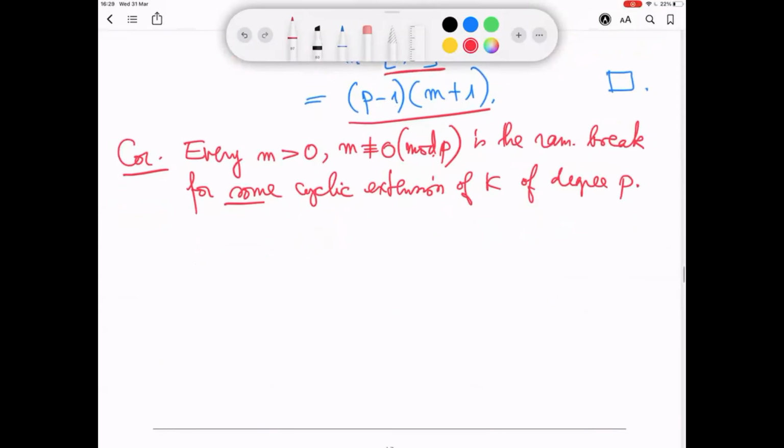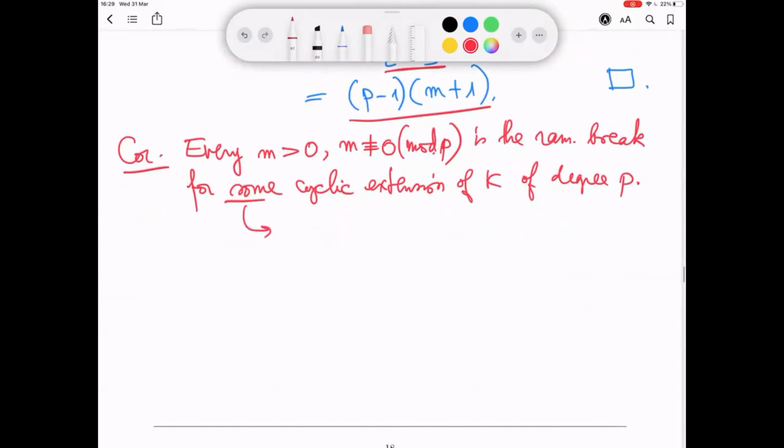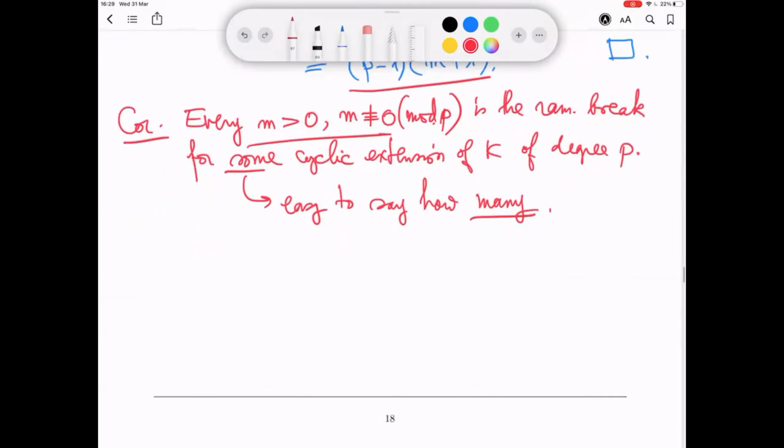And in fact, it is easy to say how many: for how many extensions is this m, given m, the unique ramification break?